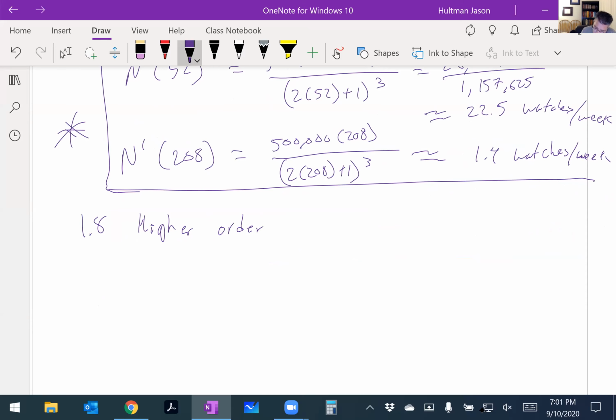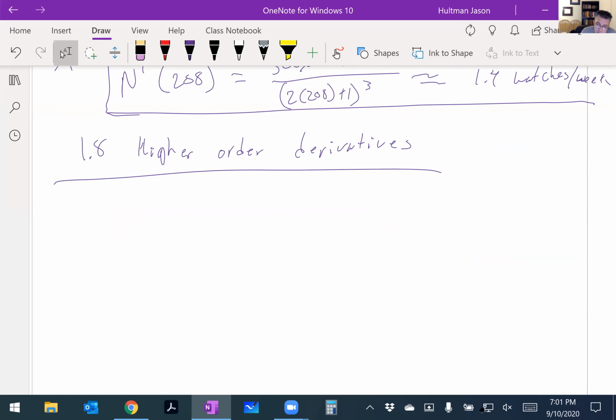Okay, higher order derivatives. That means that we have f of x, and then we have f prime of x, and then we have the derivative of f prime of x, which we say is f double prime. That is taking the derivative of the derivative.